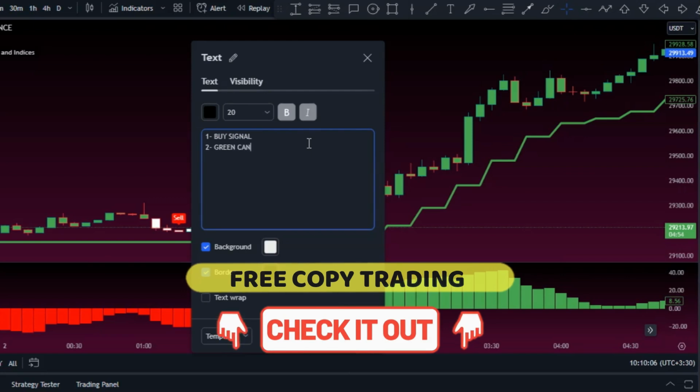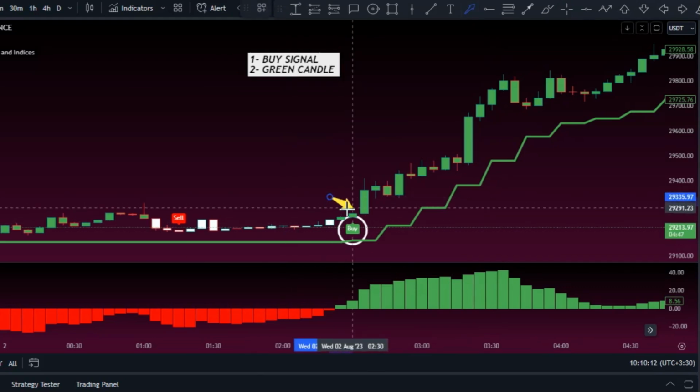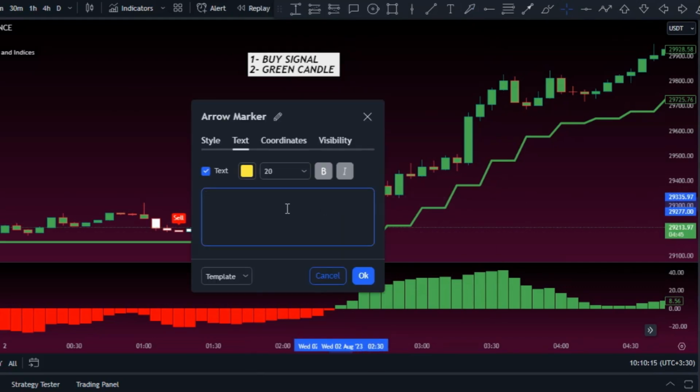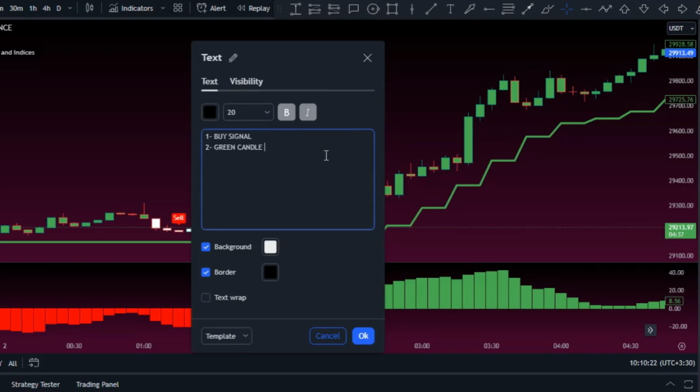So in this step, we need to make sure the signal candle is green. In the next step, the signal candle needs to be above the green CFP Trend indicator.